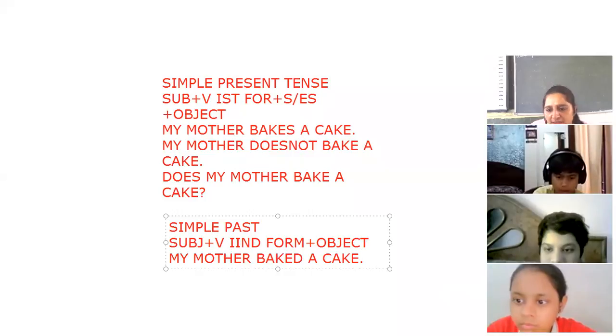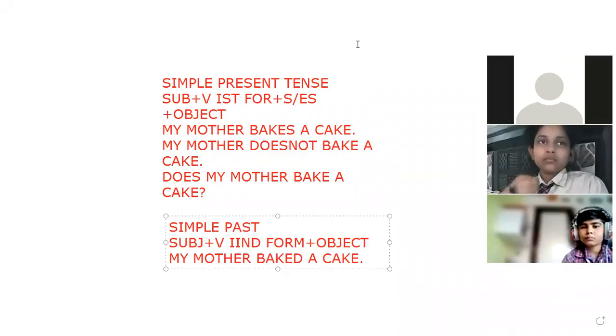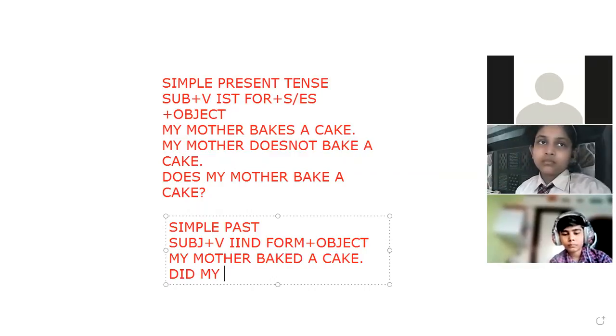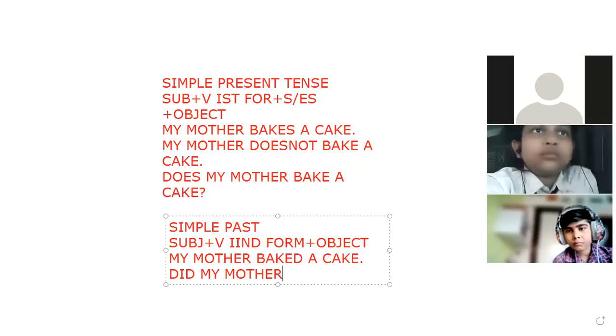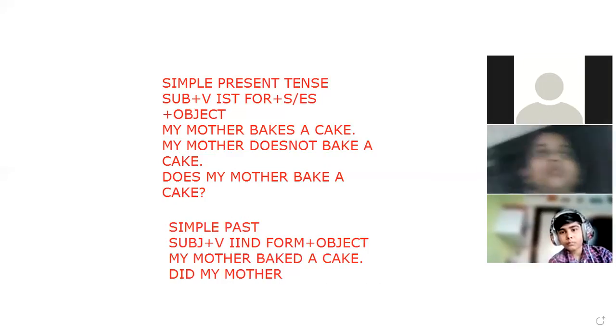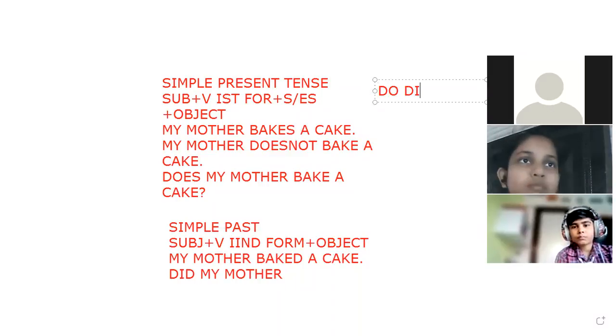When we are changing it into interrogative, we will use did: Did my mother. And when you are using did, the second form will change into first form, because we have already used second form. What are the three forms of do? Do, did, done.